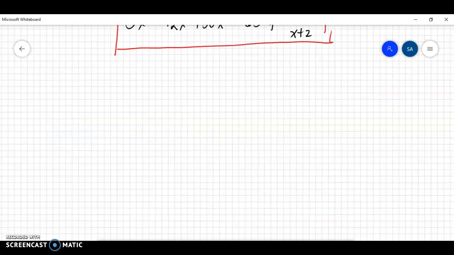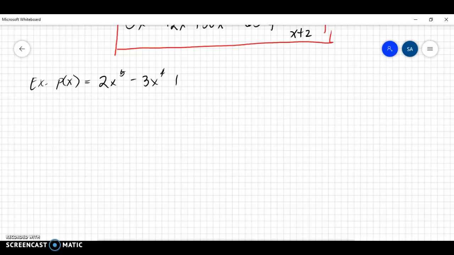Okay, so let's have another example using synthetic division. So let's say we have the polynomial p of x, 2x raised to 5 minus 3x raised to 4 plus 5x squared plus 5x minus 12. We want to divide that by x plus 1.